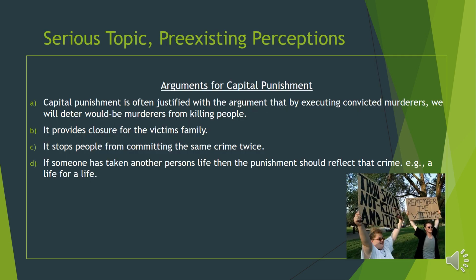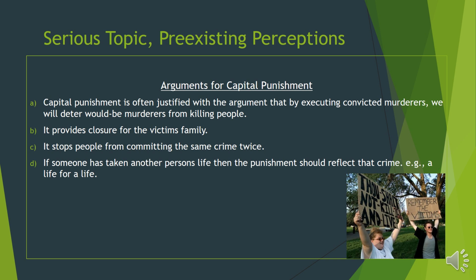Then, of course, we can think about arguments for or against. If we're thinking about it in terms of public opinion, certainly there's articles which show some basics that the support for capital punishment is often found in public opinion, that people believe that it deters would-be murderers from killing people in the future.